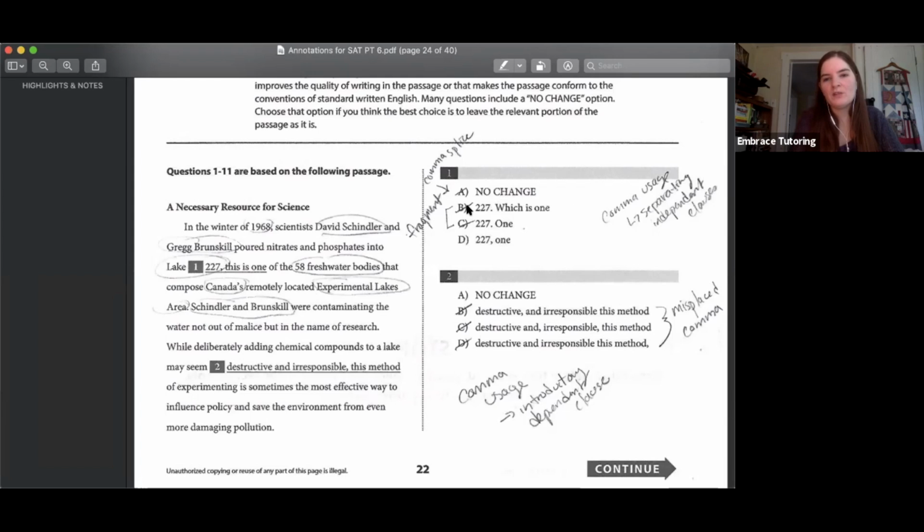Here, choices B and C end up being examples of fragments, because remember, a fragment is a sentence that's incomplete. It either lacks a subject or it lacks a predicate. If we read it as, in the winter of 1968, scientists David Schindler and Greg Brunskill poured nitrates and phosphates into Lake 227, which is one of the 58 freshwater bodies that compose Canada's remotely located experimental lakes area, that is not a complete sentence.